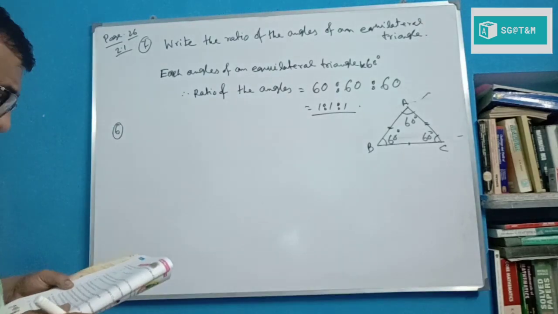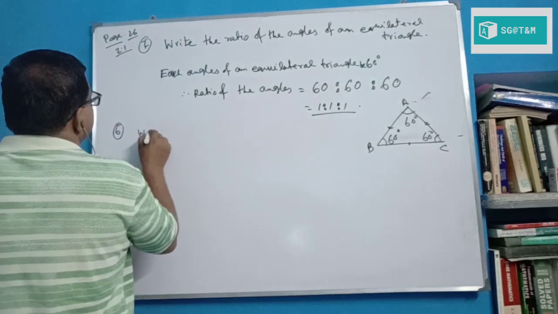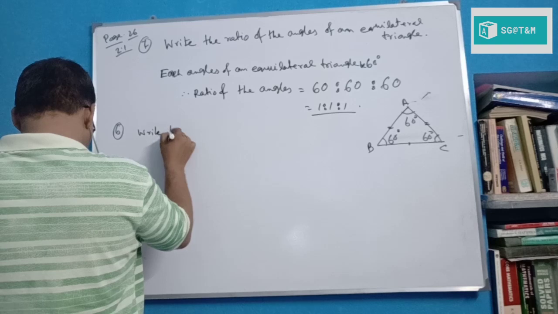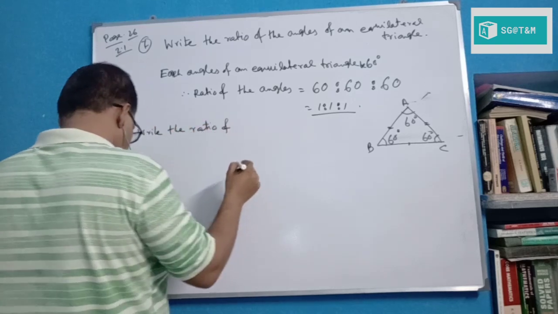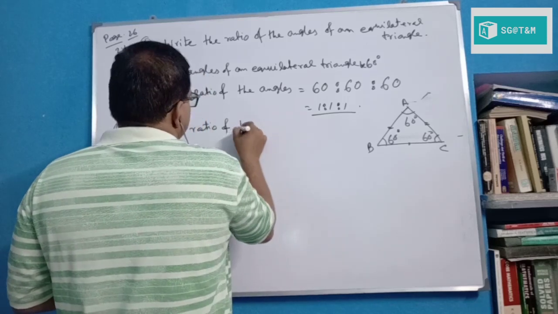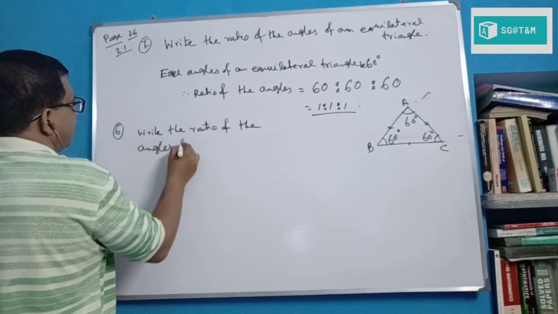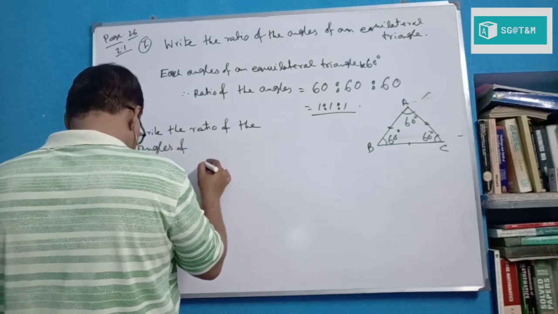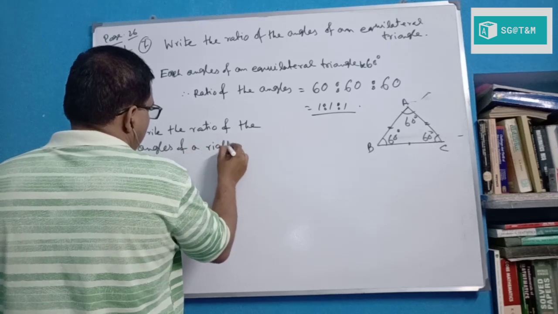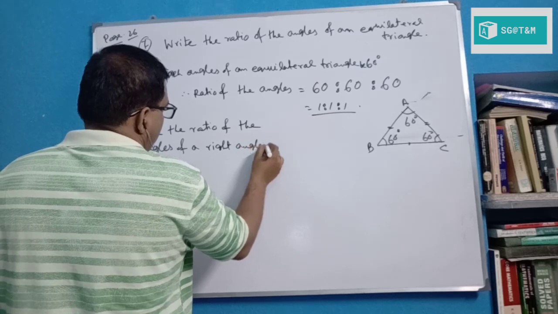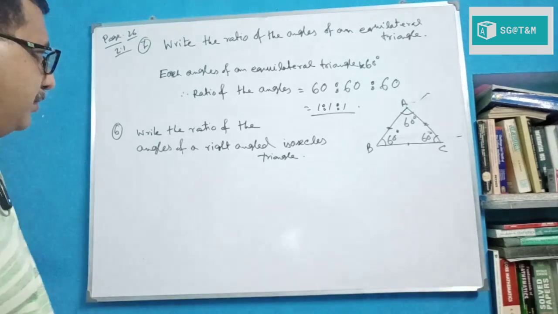Find the ratio of the angles of a right angle isosceles triangle.